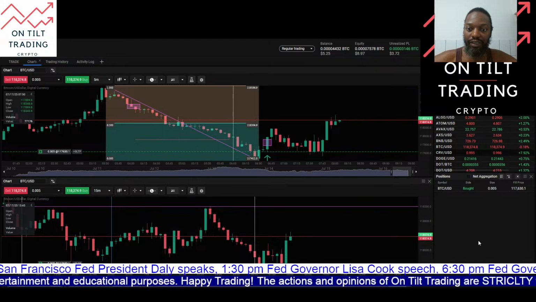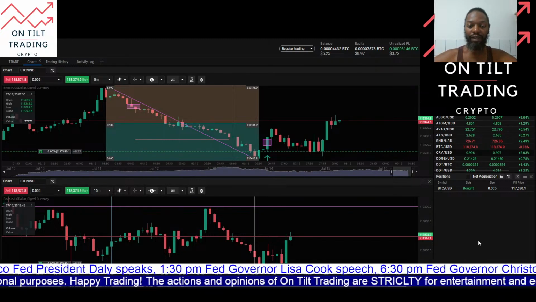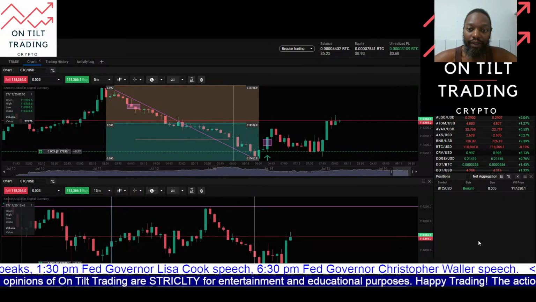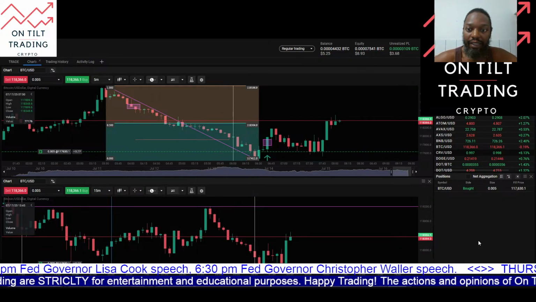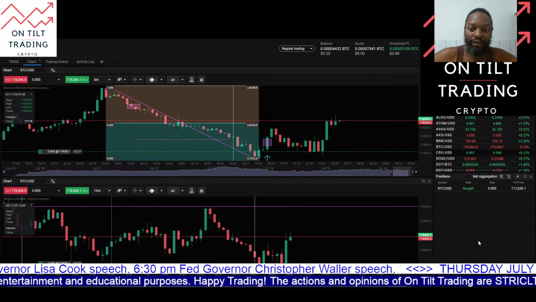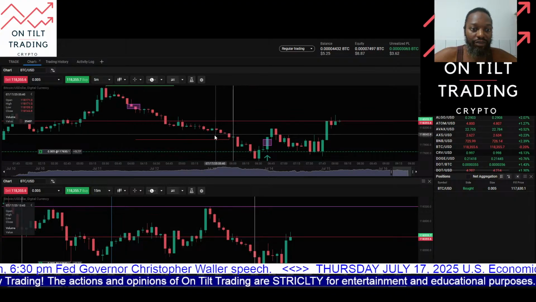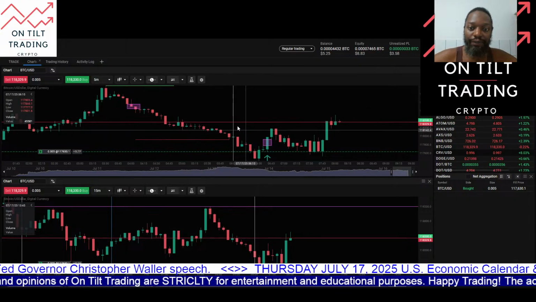So potentially overstaying my welcome in this trade, or potentially getting the hang of things here, or getting a feel for how this 2022 ICT trading methodology works.